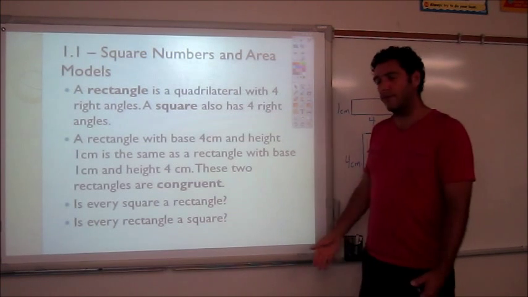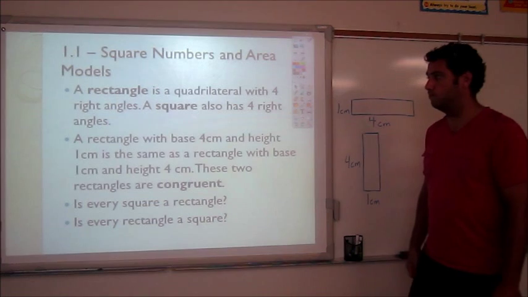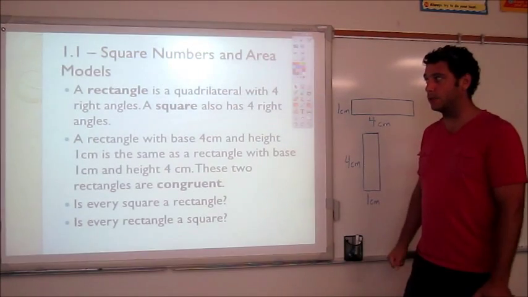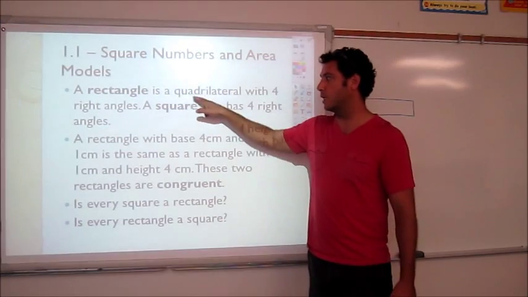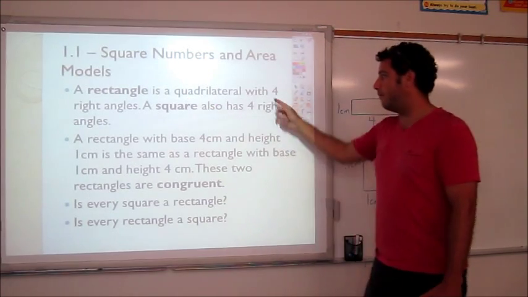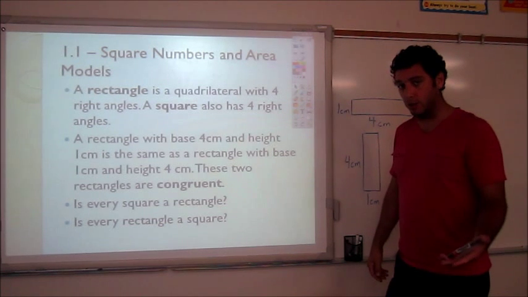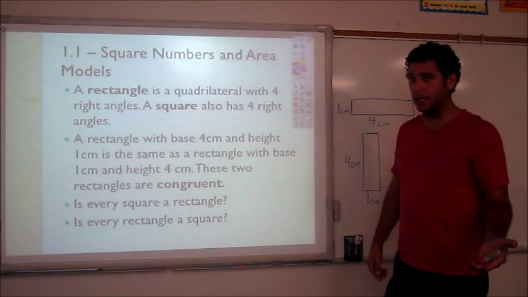So, is every square a rectangle? Well, based on our definition here, a rectangle is a quadrilateral. That's a 4-sided shape. You recall the prefix quad means 4. With 4 right angles. So that would mean that a square, which also has 4 right angles, is actually also a rectangle.